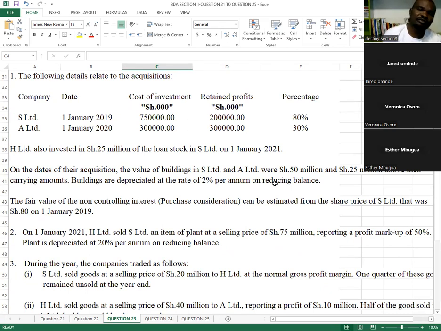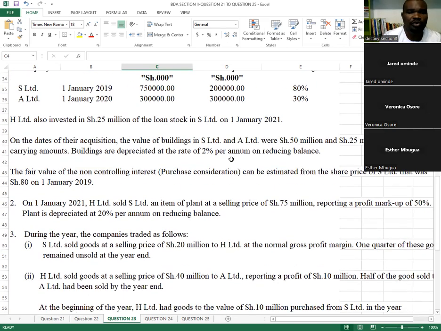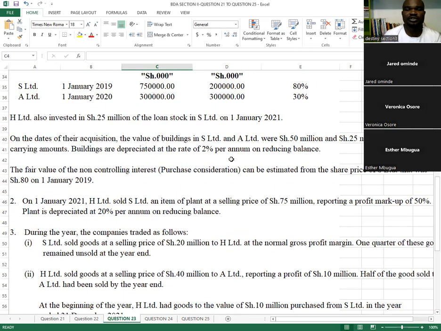H Limited also invested 25 million in the loan stock of S Limited on 1st January 2021. On the dates of acquisition, the values of the buildings in S Limited and A Limited were shillings 50 million and shillings 25 million above the carrying amount.